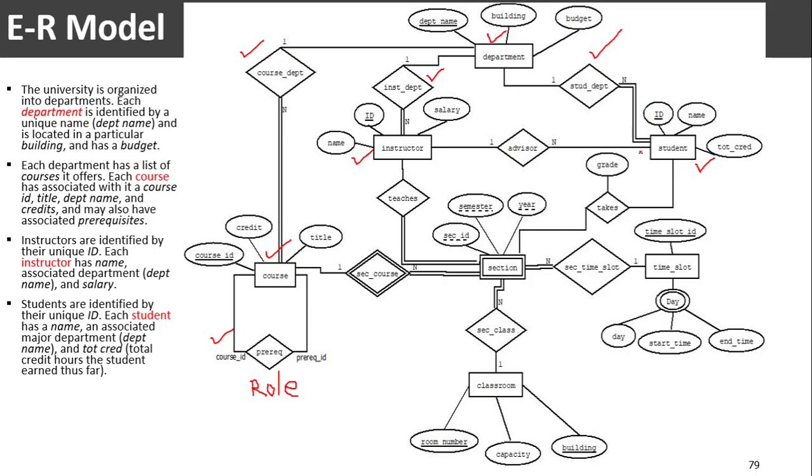From department to student it is 1 to many. One department is having many number of students, so towards student it is many. But one student is associated with only one department, so towards department it is 1. Further, every student must belong to some department. So student must participate in this relationship, and that is why it is shown here as total participation.